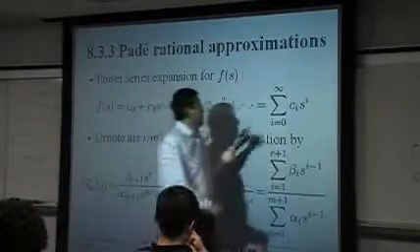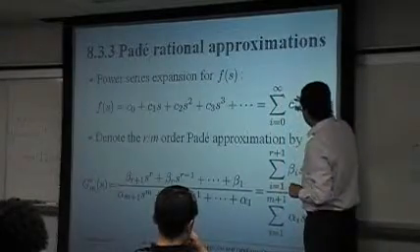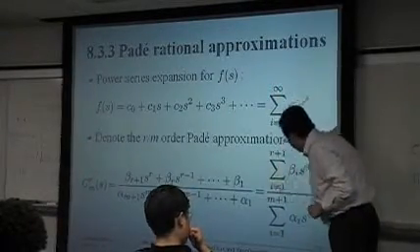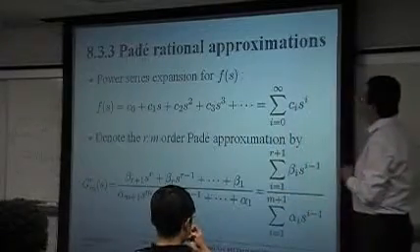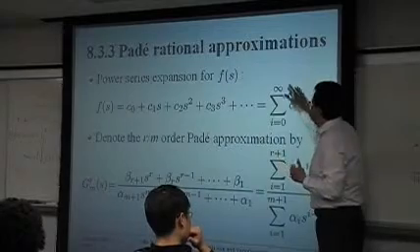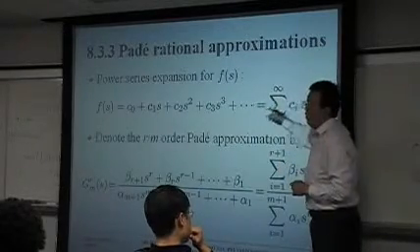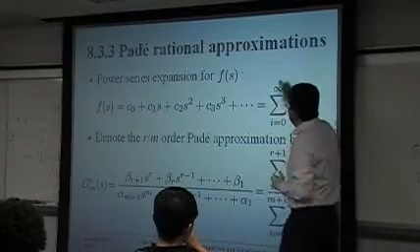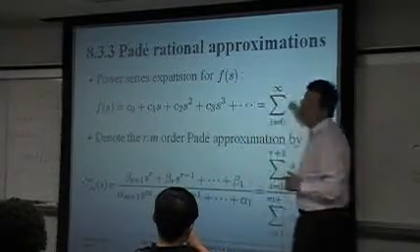And it is noticed that here there is a sum. And for Padé approximation, normally we cannot reserve all the coefficients, all the terms. We must retain the first certain terms.